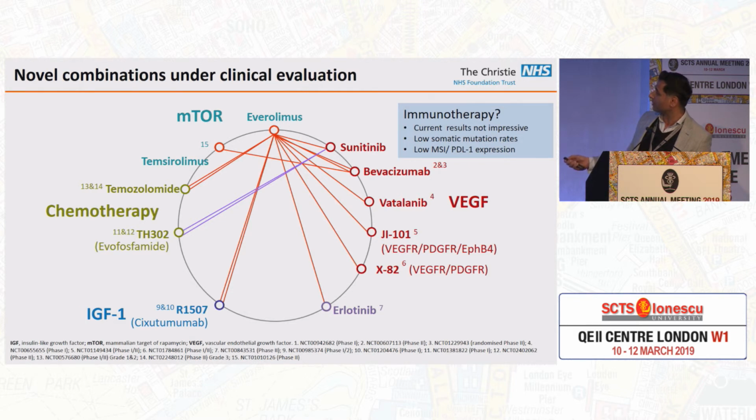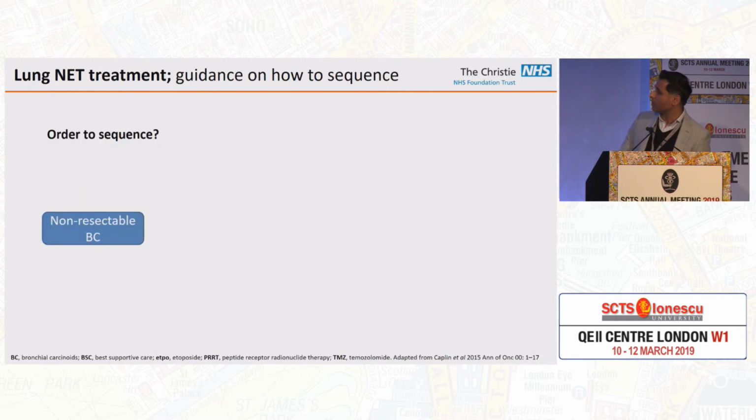The reason for that is that the results have not been impressive, but actually there is a biological reason. These cancers have low somatic mutation rates, so they don't express antigens very well. And of course, they have very low MSI, microsatellite instability, and PD-L1 expression, which is something that you require as a biomarker to make immunotherapy work. So immunotherapies are out.